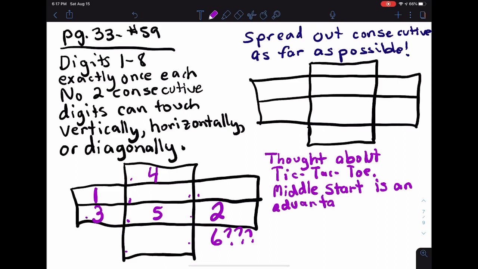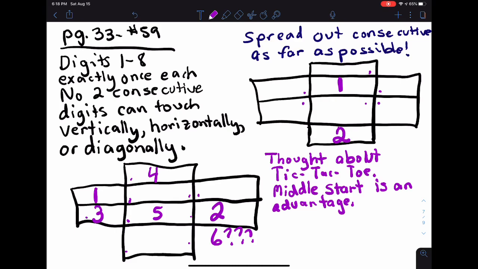So I was like, you know what? Maybe I'll put 1 in the middle. And then that's actually going to work. That might be promising, because by putting 1 in the middle right off the bat, I know I can't put 2 here, here, here, here, here, or here. So just by the very nature of the rules, 2 is going to be pretty distanced down there.